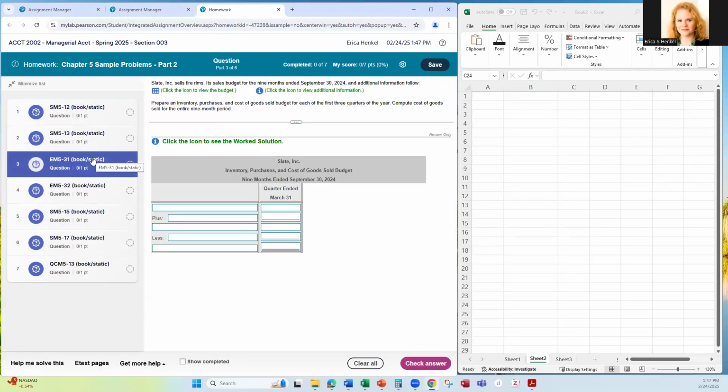I wanted to just stick to the problems where we were looking at new items from the chapter here. So I'm going to take a look here at this inventory, purchases, and cost of goods sold budget. So looking at this, all right, so an inventory and cost of goods sold budget. Let me find it here. Slide for you.